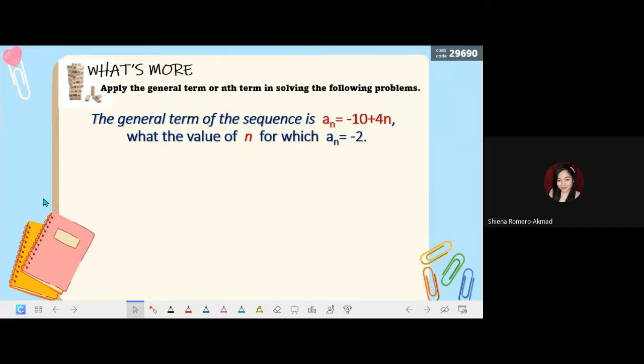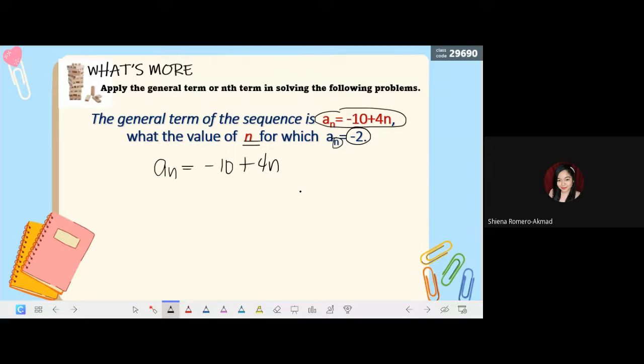Okay, so given the general term, which is a sub n equals negative 10 plus 4n, we're going to look for the pang ilang term ba siya, okay, the n, pero given na sa atin yung value niya.